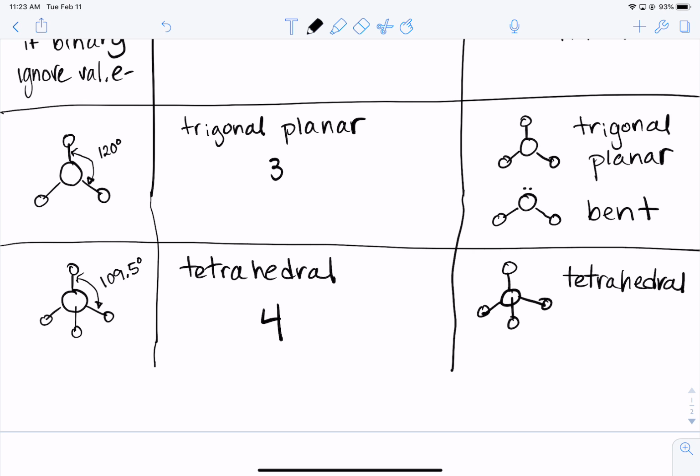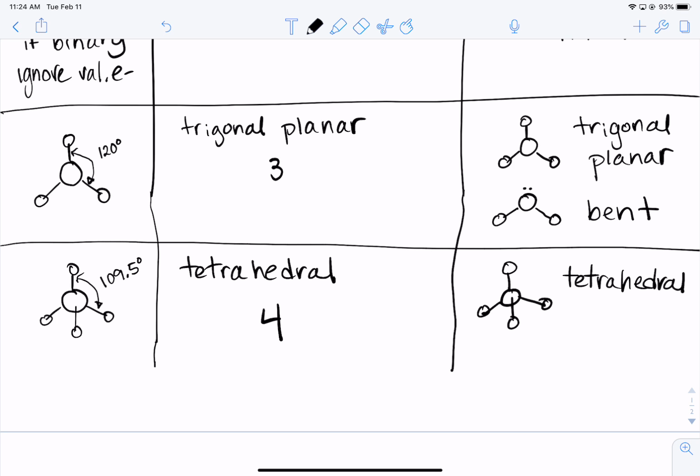But if one of them, here I'm going to pop this thing off, if one of them is a pair. Do you see how this is different? Is this in the same plane? If I were to take a knife and chop through it, would I hit everything? No, it's not planar like how this one is. This one is planar. They are all in the same plane. This one's called trigonal pyramidal.